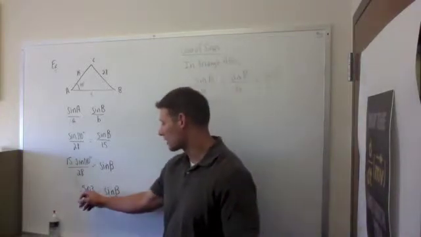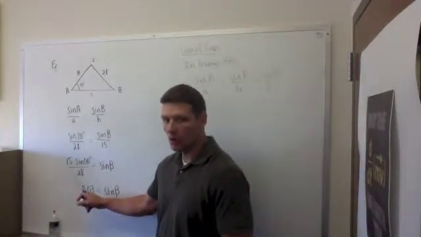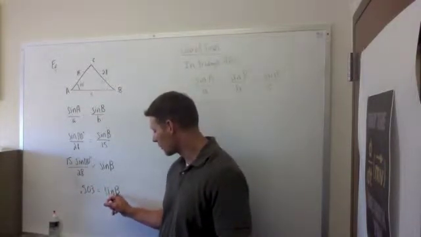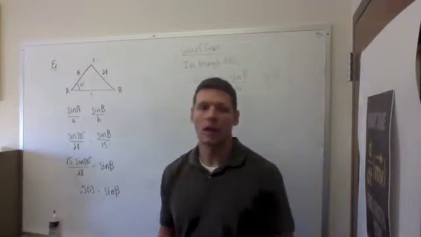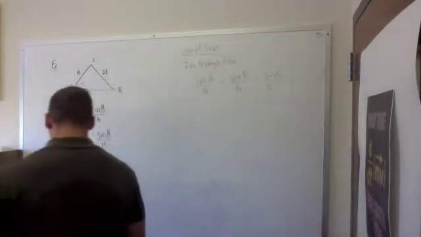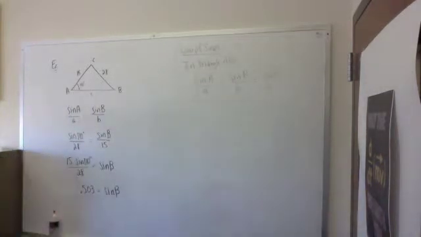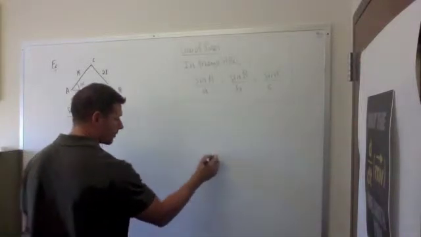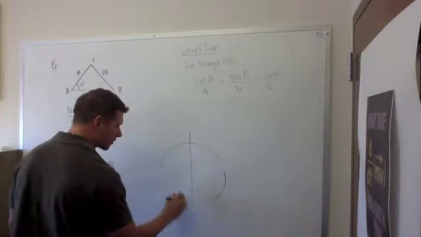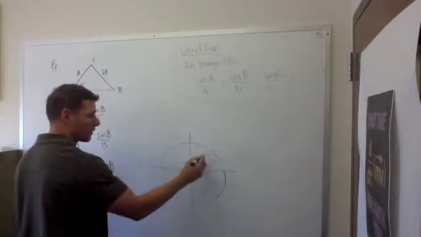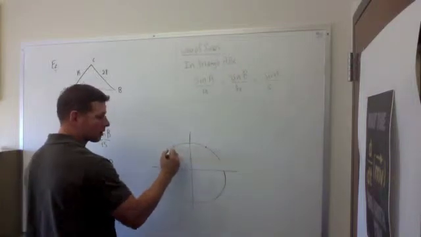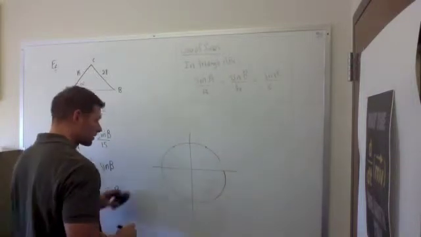If this number is less than 1, there's always going to be two numbers that can be put in for B: a number and its supplement, 180 minus it. If you think about the unit circle, when do I have a height less than 1? Well, if I get this one, don't I also get this one here? So because of that, we're going to have two.